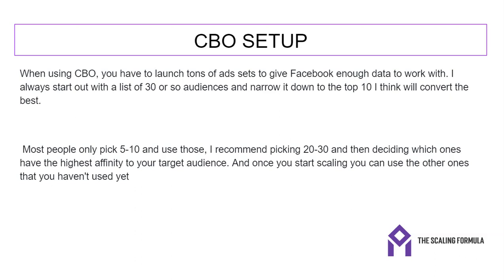So if you have a pixel with 50,000 people, or 1 million video viewers, or something like that, and you're targeting a cold audience, then Facebook is going to look for people inside there that already know you, so that you can convert the best. That's why people will see the ads do really well for 4 days, 7 days, and then it starts dying out.